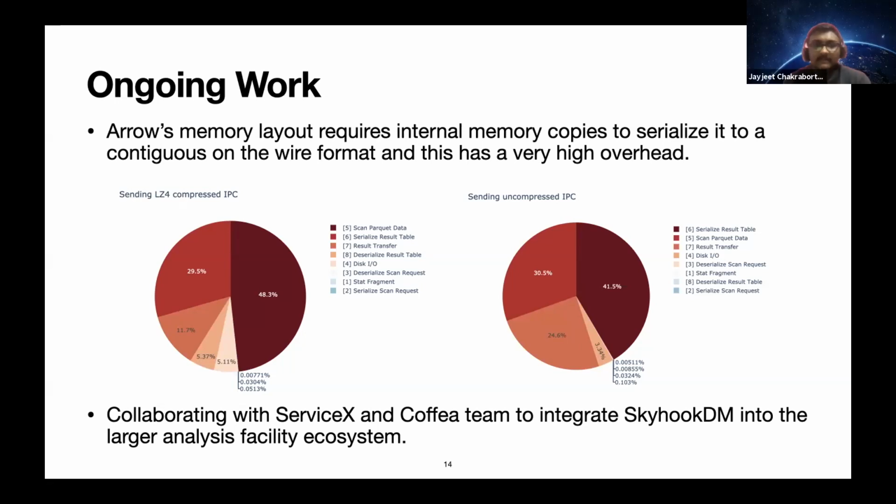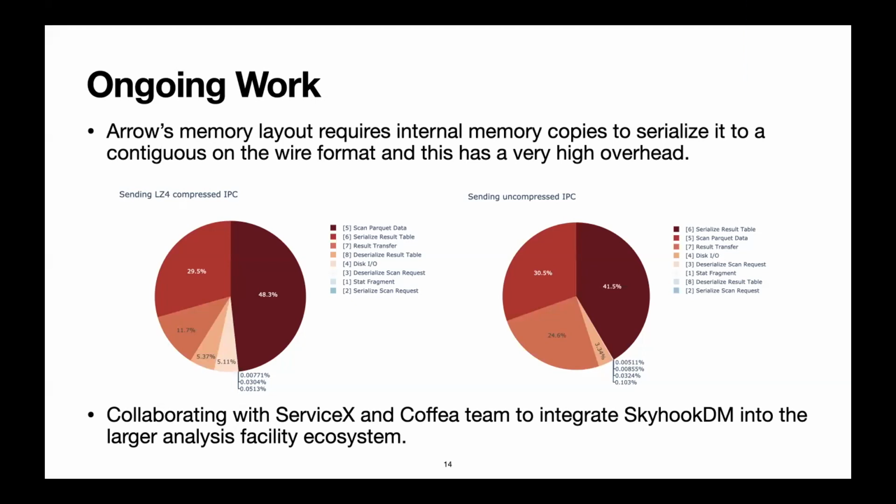I was wondering, there are a lot of scatter-gather algorithms that are used in networking. Is the difficulty that Arrow just doesn't implement something like that as it shuffles things off to the network? Or is there something fundamental about Arrow's memory layout which will be very hard to solve to improve this bottleneck?